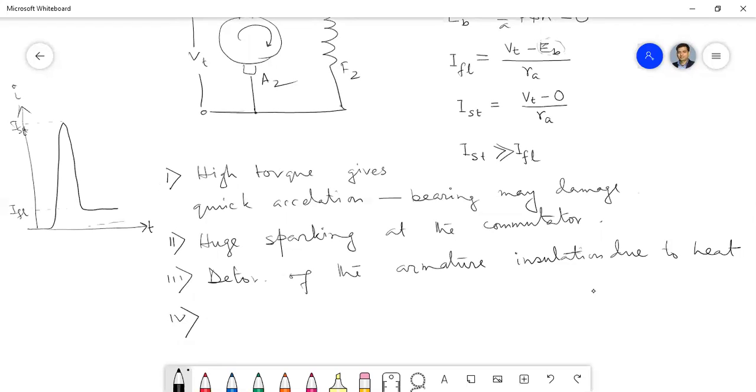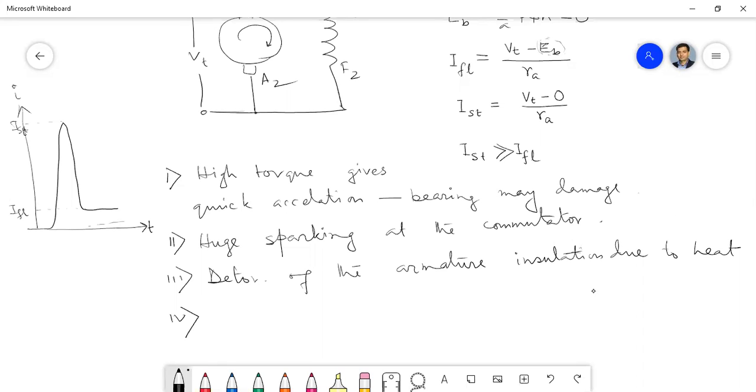Now what will happen with the impulse of this current? We generally don't consider the impedances or resistances of the line. Because all the devices are connected to the supply through some wire, and when we do some analysis, we don't consider the wire resistance, wire impedance.